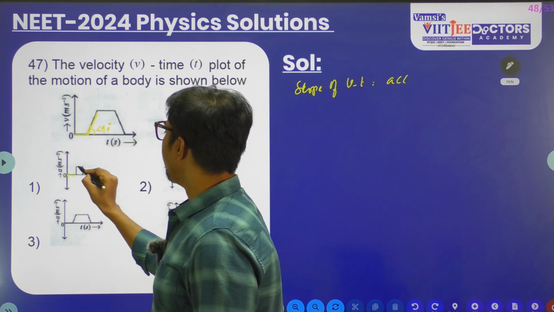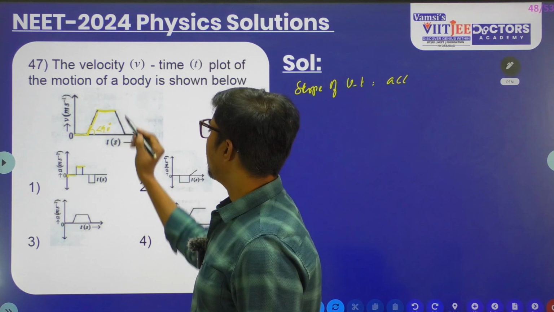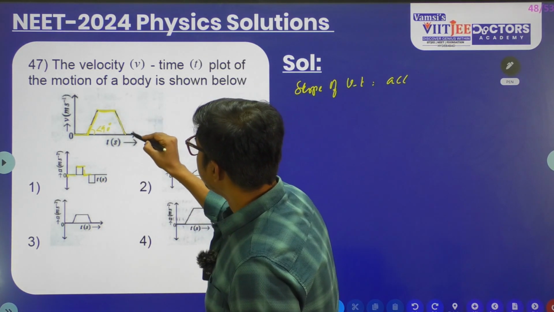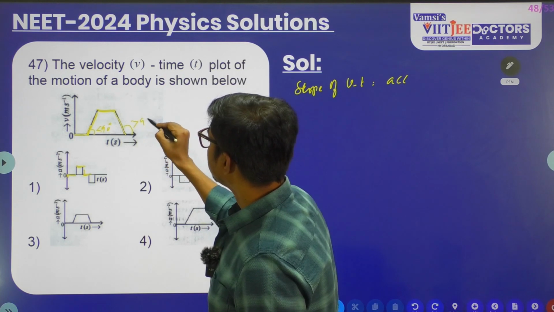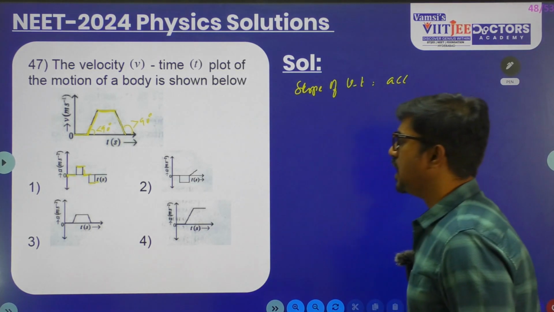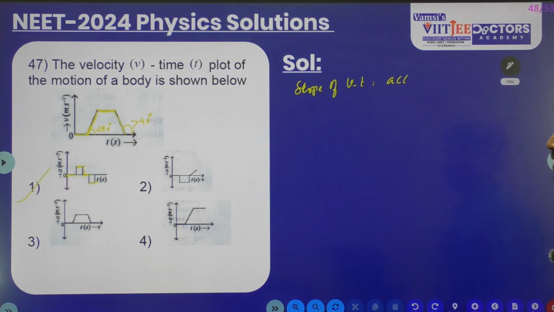Slope is positive meaning acceleration is positive. Over here slope is 0, again acceleration is 0. Here slope is negative because it is making obtuse angle. That means acceleration is negative. So directly option 1. Nothing much to discuss here. Very simple, straightforward question, graphical analysis.